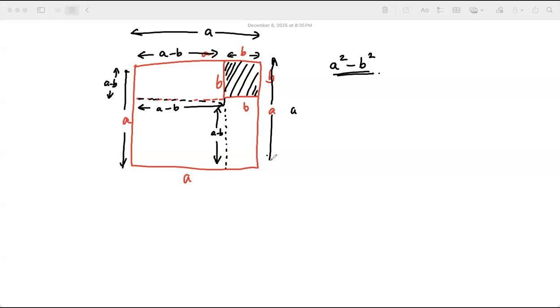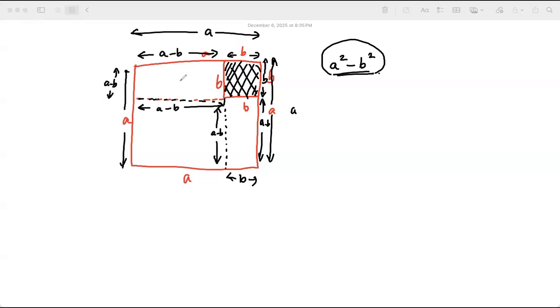This is A, this is B, means this is A minus B. Am I with you all? So, the remaining part of the bigger square after this square is cut off is A square minus B square. You all agree with me?